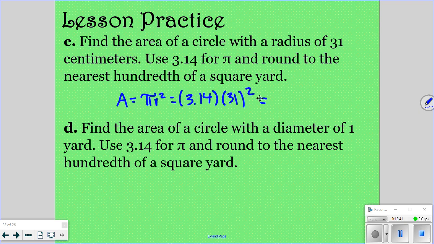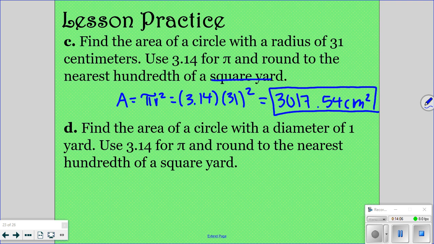So if you plug 3.14 times 31 squared, you should get 3,017.54. And then it says yard squared. I think I have a typo there. It should be centimeters squared. That should be square centimeters.